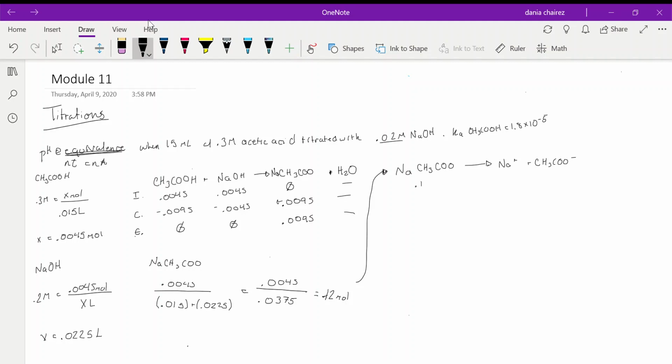So you're going to start with 0.12, 0, 0. And then finally you're going to have 0 and then 0.12 and 0.12. Just because, as I said, with salts, it's dissociation completely. So what you start off with is what you end up with. Now we're going to take this part right here and set up an equation of a weak acid, weak base, just how we always have.